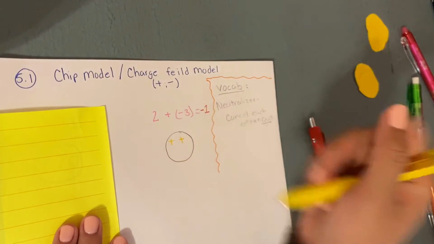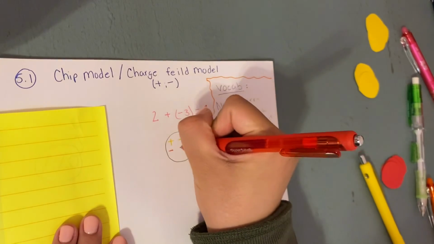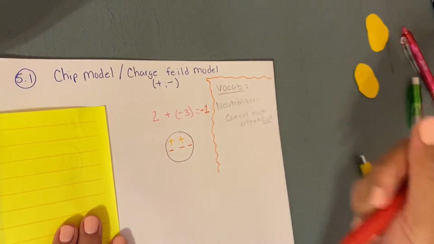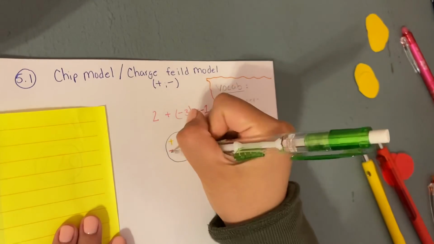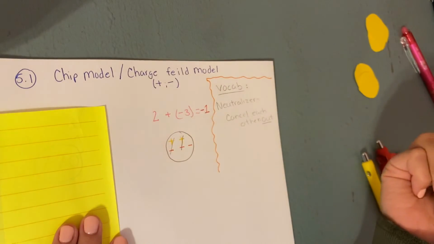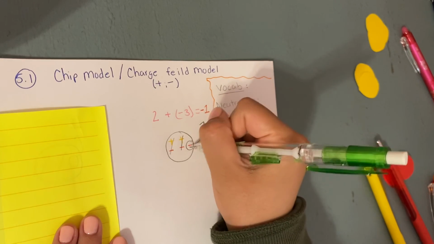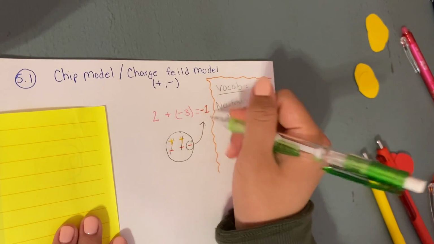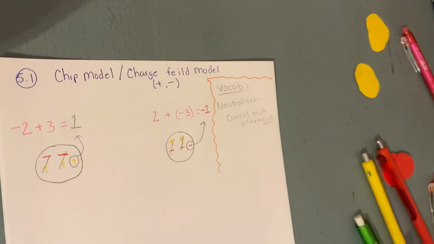So it's going to be 2 positive, and then it's going to ask for 1 negative, 2 negative, and 3 negative charges. So again, like our chip model, these are going to be canceled out by the neutralizers, and this is going to be a set of neutralizers. So again, we're left with negative 1 because red indicates negative. So negative 1. And that is our chip model and charge and field model.